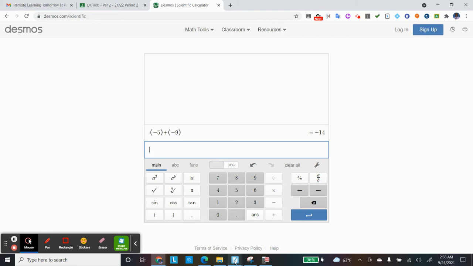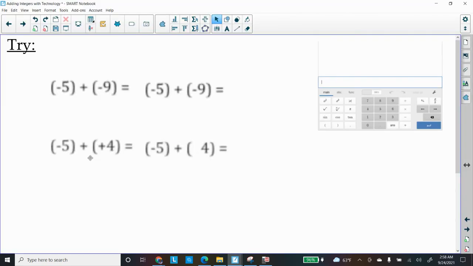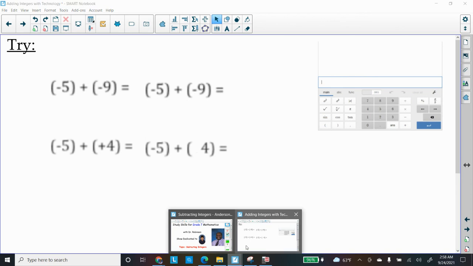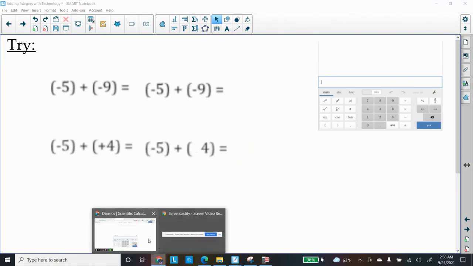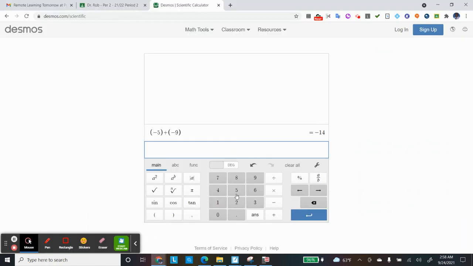And let's get that last question. So let's see what the last question was. -5 plus +4. So let's go back here. -5 in parentheses, plus, and I'll put the +4 because this calculator understands positive signs and doesn't fear them like the other calculator does.